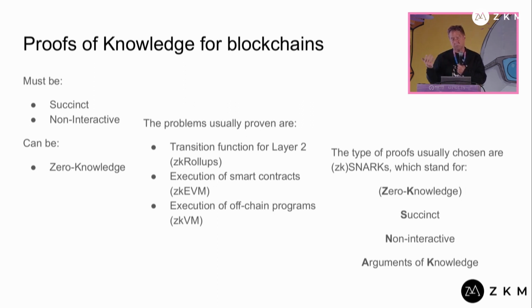The problems to which we apply these proofs of knowledge can be the transition function for layer 2, which are zk rollups, or the execution of smart contracts, which is the zkEVM.